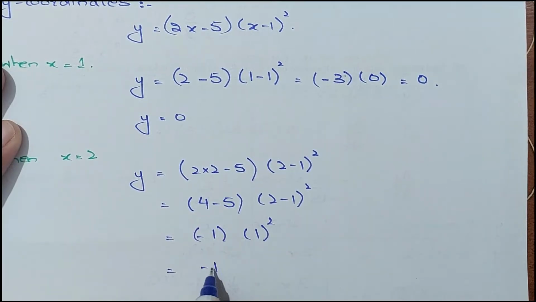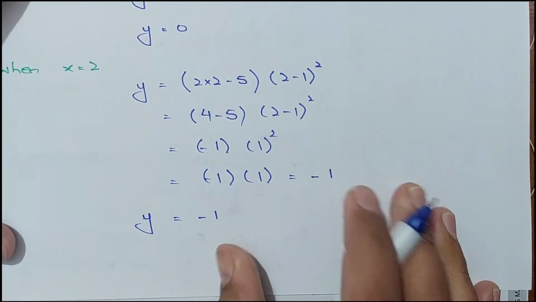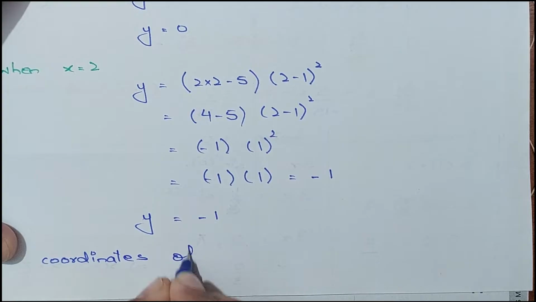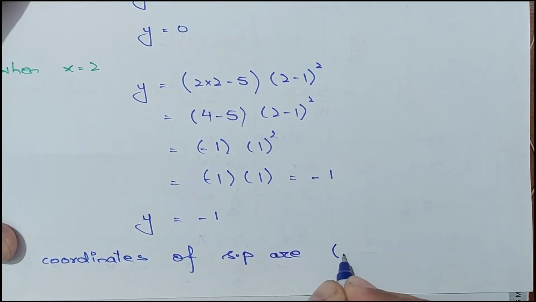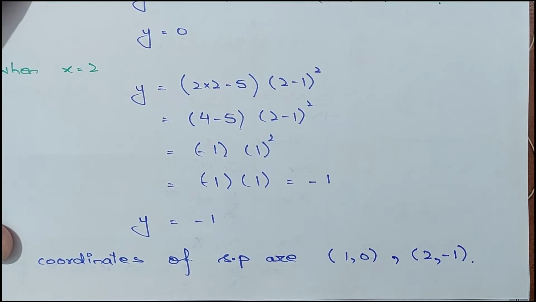So the answer is negative 1 into 1, which is just negative 1. So y value is negative 1. So the coordinates of the stationary points are: x coordinate is 1 and y is 0, and x coordinate is 2 and y is negative 1. These are the coordinates of the stationary points.